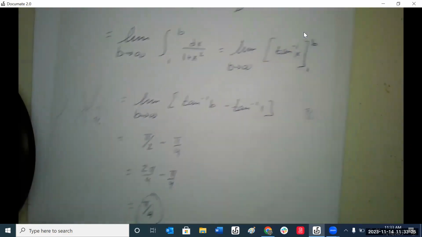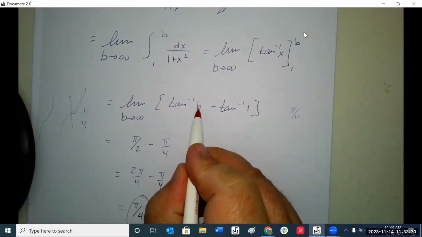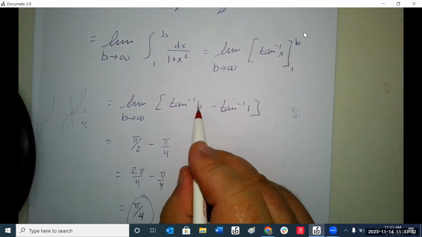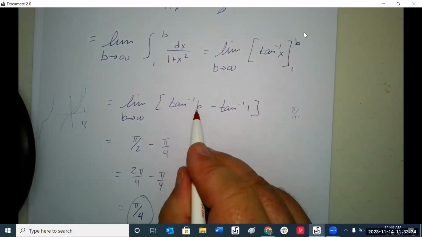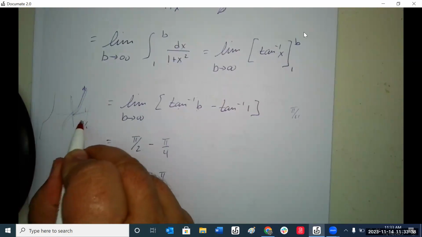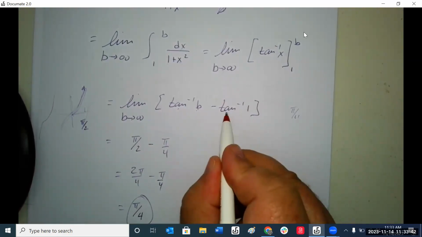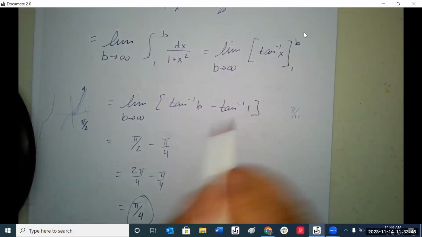Review, because remember, the inverse tangent of some value here, this is infinity. So at what point does the inverse tangent go to infinity? It goes to infinity at pi over 2. So where does the inverse tangent go to 1?